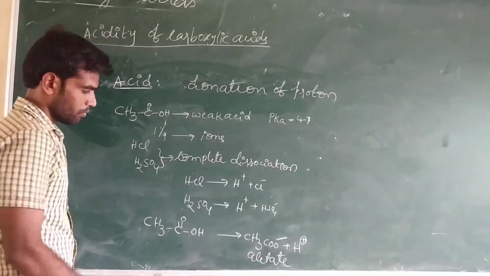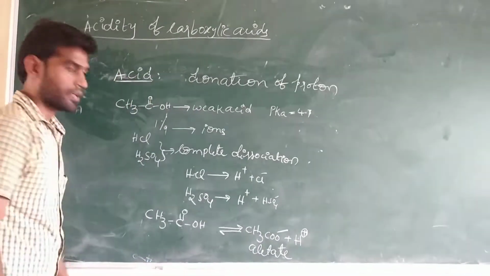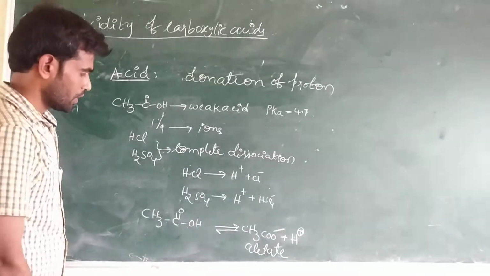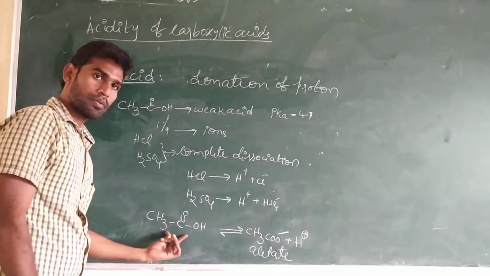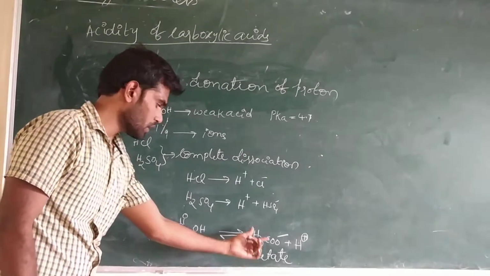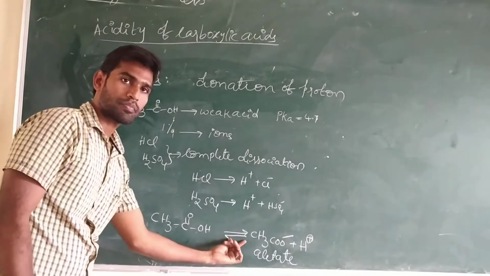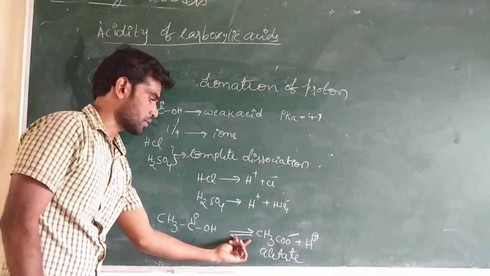After a certain time, what happens? This conversion reaches equilibrium. That means the amount of reactant converted into product is balanced by the same amount of product converted back into reactant. This situation is called the equilibrium situation.